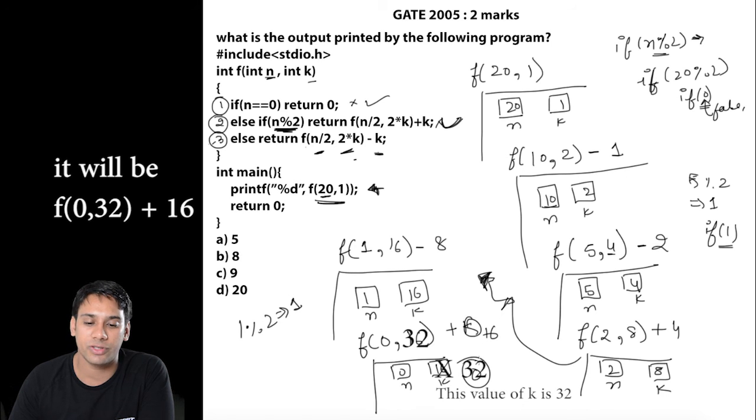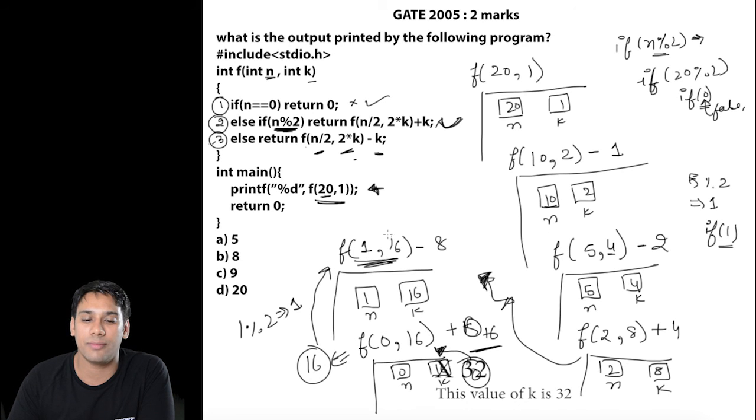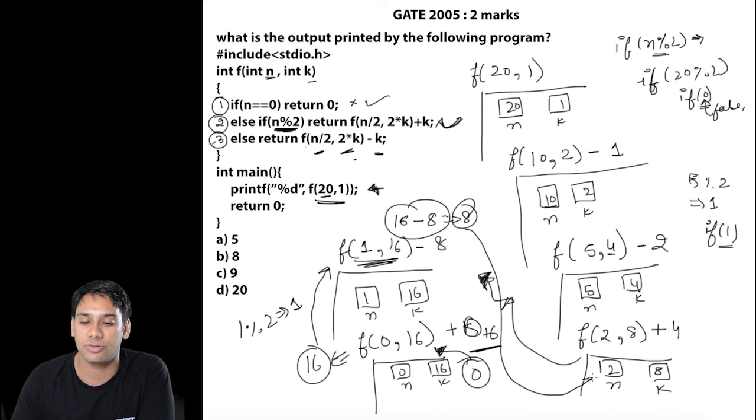Here this k was actually 16, so 0 plus 16 gives us 16. Now we pass this value 16 to the previous call. So 16 minus 8 gives us 8. This 8 value is passed to the previous call, and it gives 8 plus 4, which is 12.